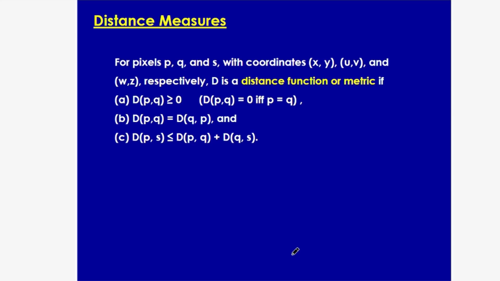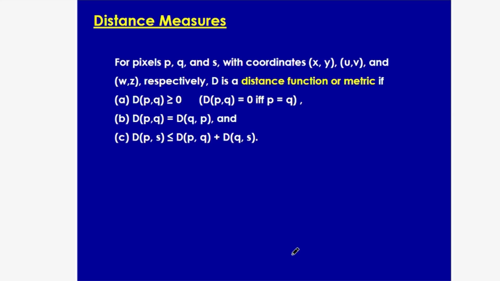A distance measure, or distance metric, is a way of finding the distance between two pixels, which has many applications we'll see in future classes. First let us take 3 pixels P, Q, S. P with the coordinates x, y, Q with the coordinates u, v, and S with the coordinates w, z.